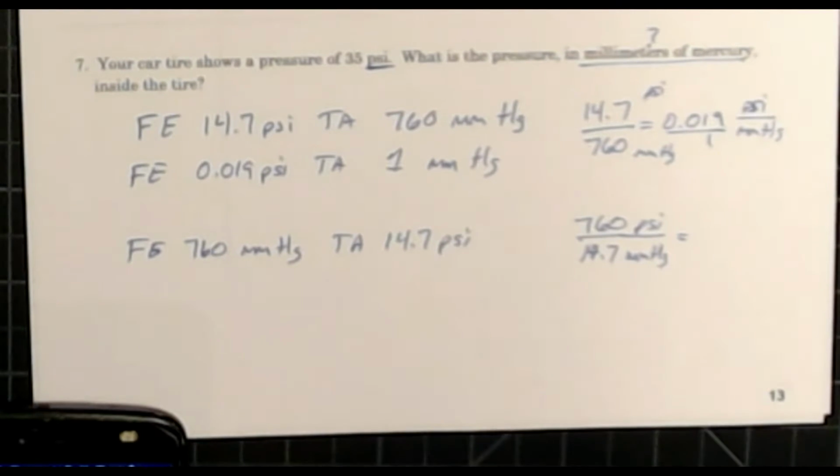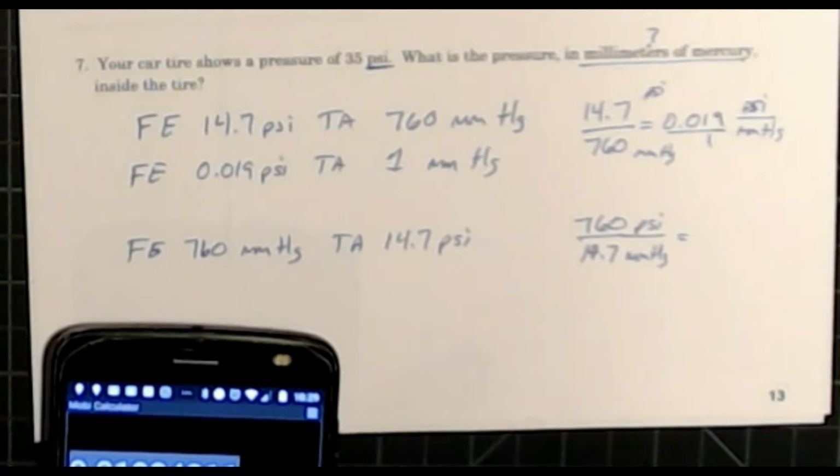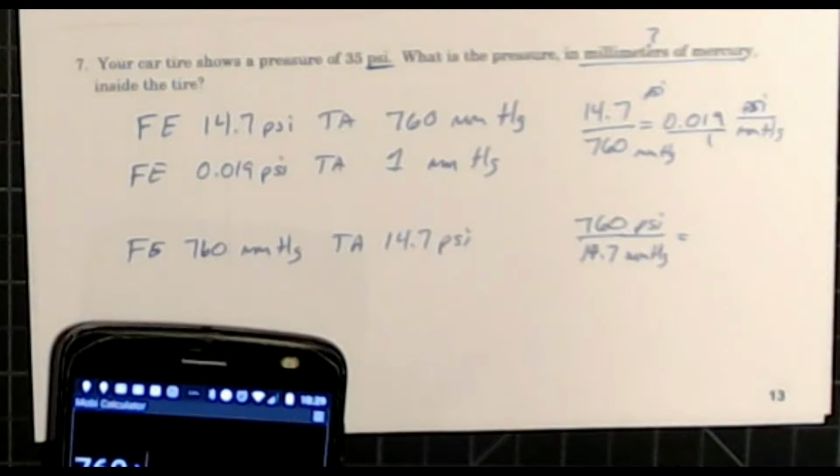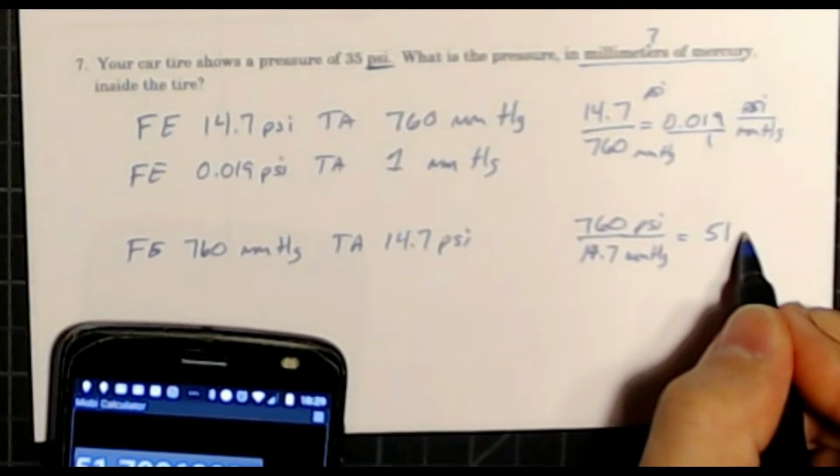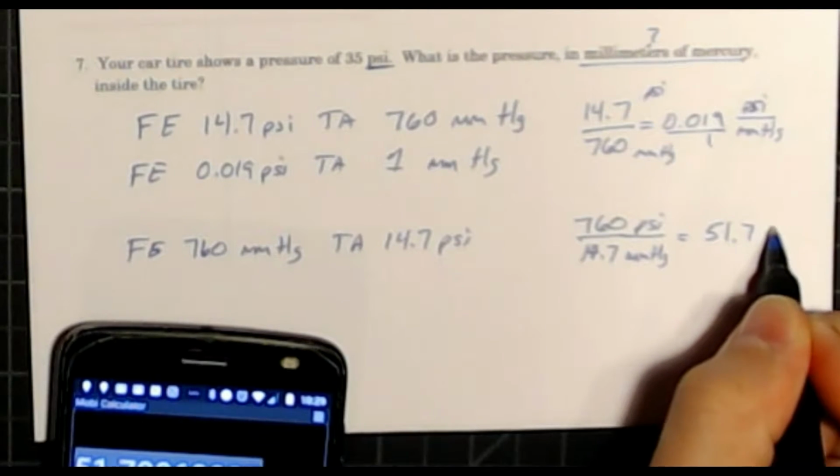So what's that equal? 760 divided by 14.7 gives us 51.7 psi.